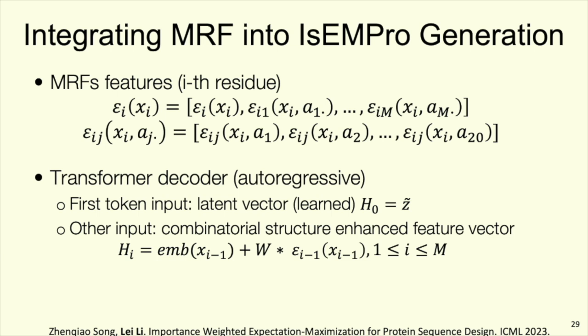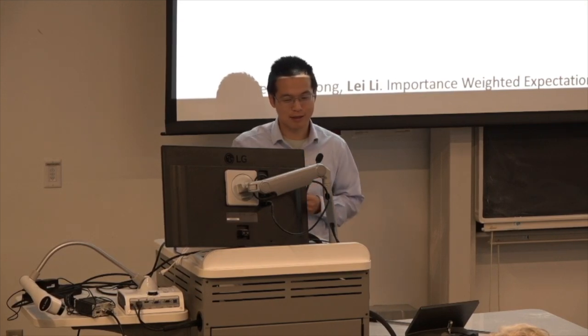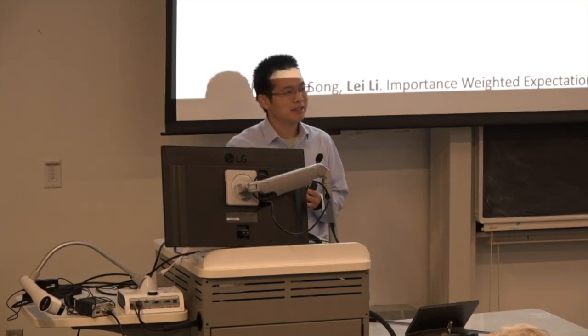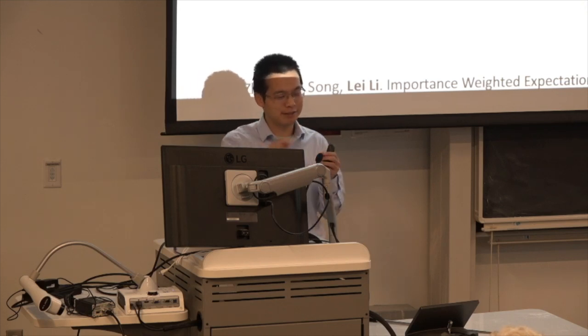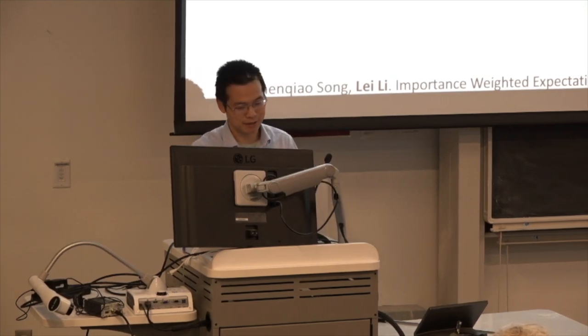We add the learned weights from the Markov random field to the embedding of each residue, and we take the aggregate embedding as a new input to the decoder. So this decoder will know something about the current input residue, or the previously generated residue, and also the correlation information of the current token to all the neighboring context tokens.